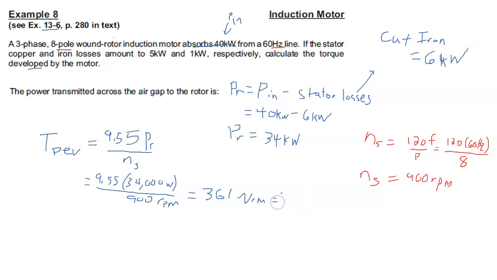Now, the reason why I include that example is because I like to point out that even though we draw a torque speed graph, and we're led to believe that torque is dependent upon running speed, here we have found the torque without knowing the running speed, right?